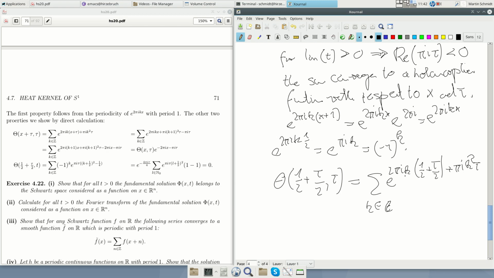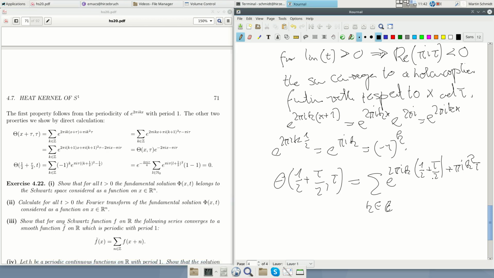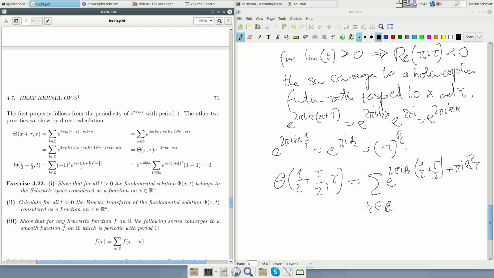Now 2 pi i k times tau half is pi i k times tau. If we multiply this out, then we get k squared plus k plus 1/4. The plus k gives us exactly this term here. The k squared we already have, and the 1/4 we subtract again.